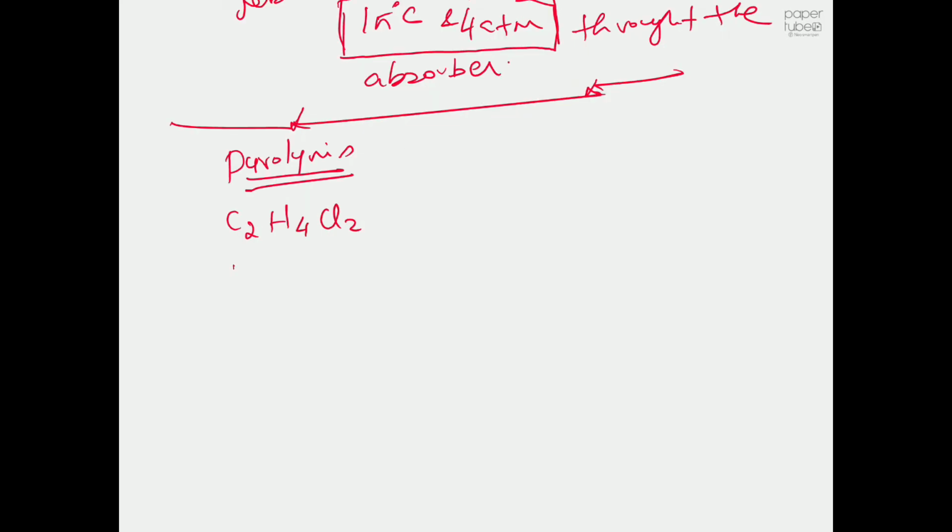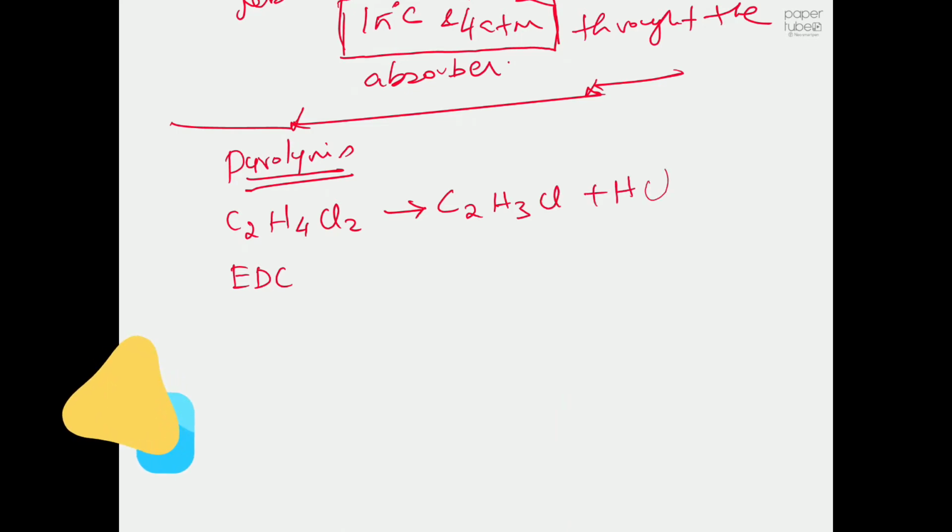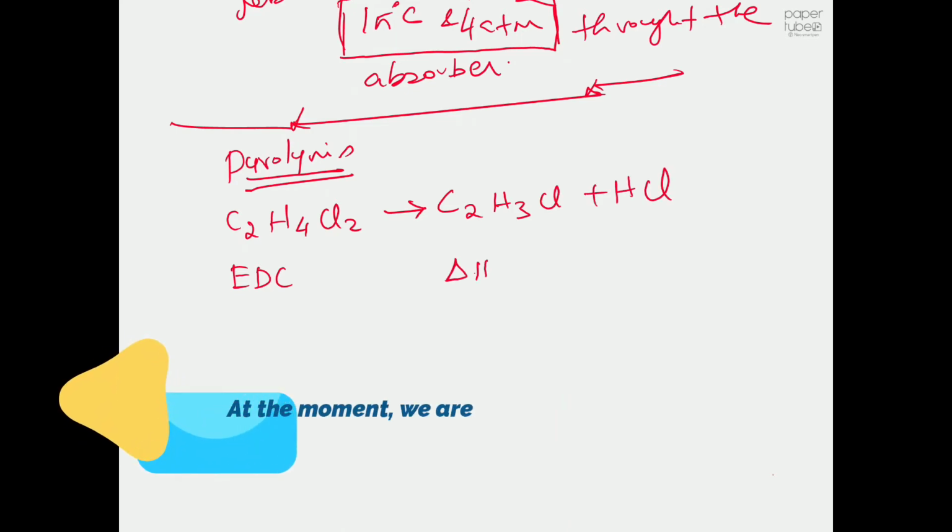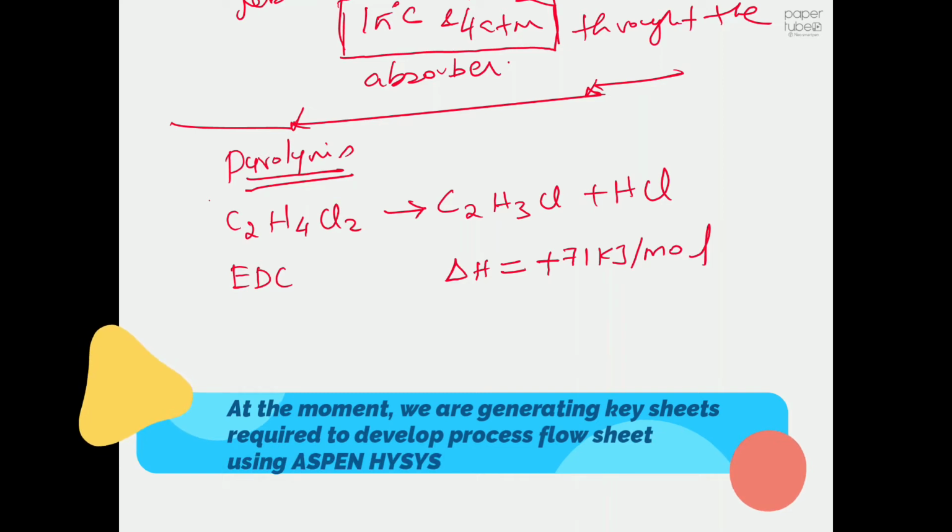So we take this ethylene dichloride, then we pyrolyze this product in order to get vinyl chloride monomer plus HCl. As I said, this should be an endothermic reaction because we are going to supply some heat. That's what pyrolysis is about. We are going to add some heat.